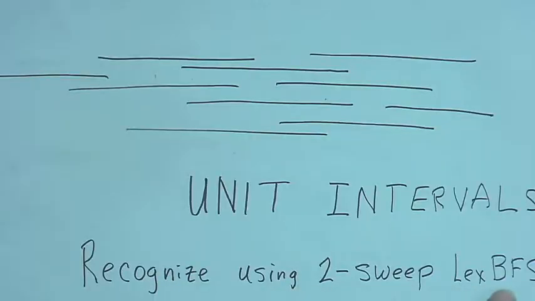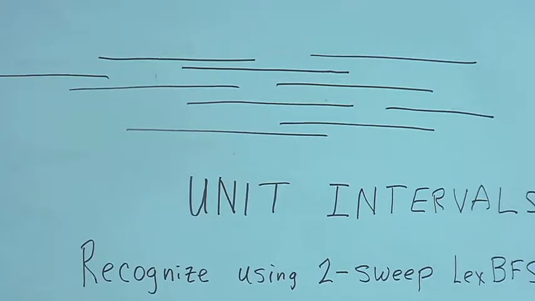And for the use of lexicographic breadth-first search in a fast algorithm, there are quite a number of fast algorithms to recognize them, it uses this idea of a two-sweep process. Two sweeps means that I do a lexicographic breadth-first search on the graph.